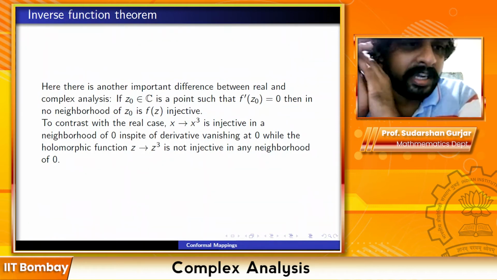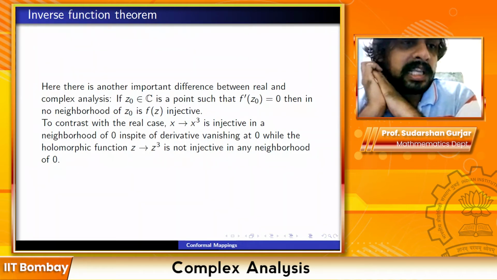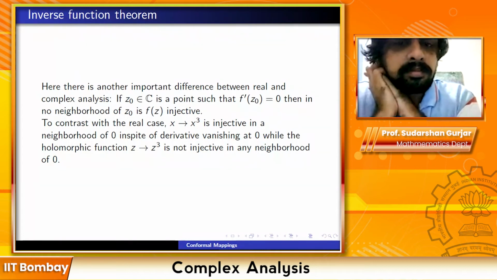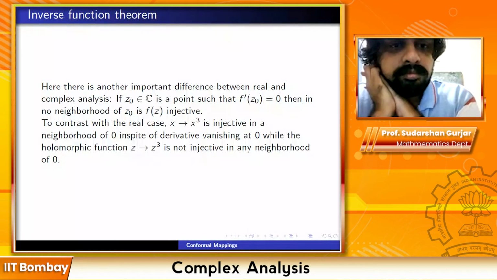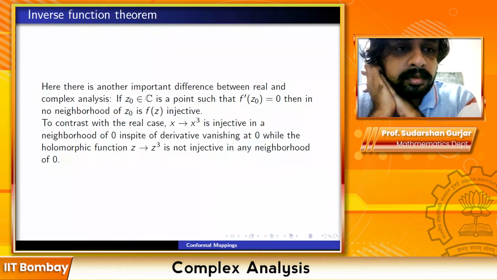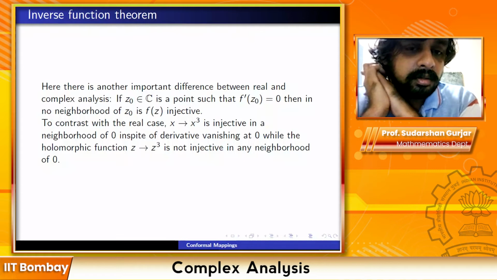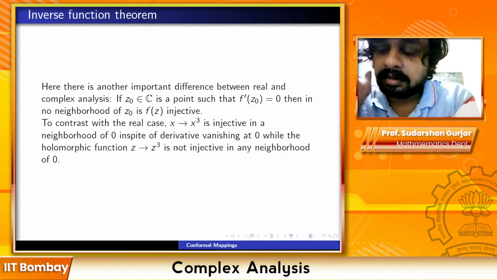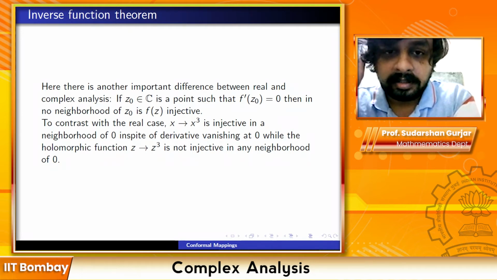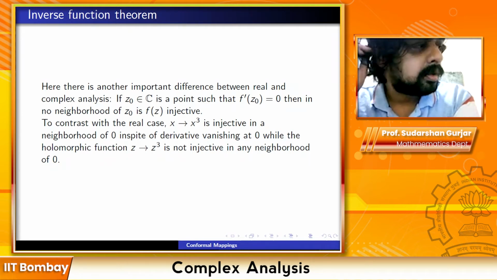Yeah. So any doubts in what we discussed in the last 10 minutes? Sir, these would be actually completely different theorems, right? The first theorem is that if it is non-zero, then it is injective. And the other one being that if it is 0, then it cannot be injective.